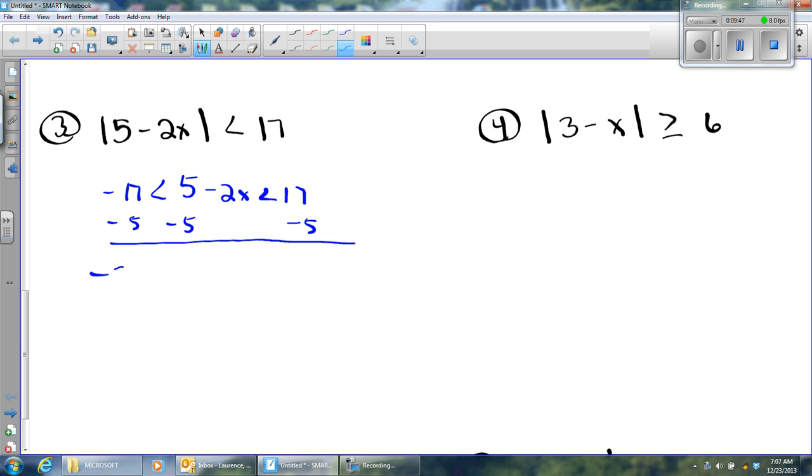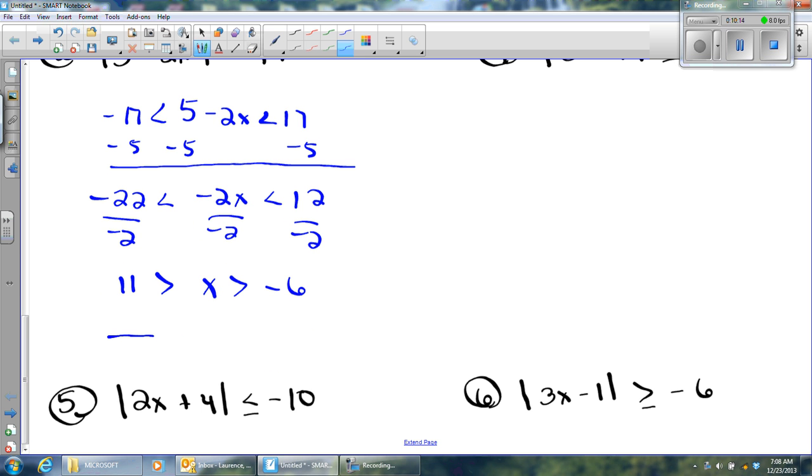So I get negative 22 is less than negative 2x, which is less than 12. And then I'm going to divide by negative 2. I'm dividing by a negative in an inequality, so watch what's going to happen. I get 11 greater than x, which is greater than negative 6.